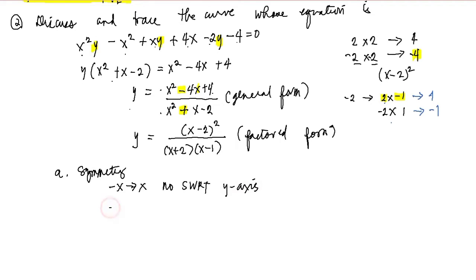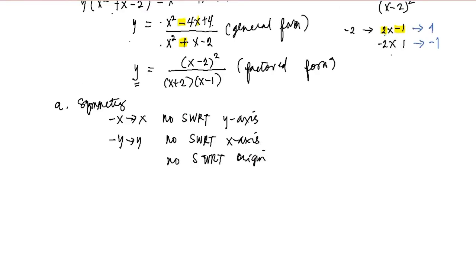And for negative y, if we are going to substitute negative y to the y, ang mangyayari, magiging negative naman itong y. So we can say that there is no symmetry with respect to the x-axis. So since there is no symmetry with respect to the x and the y-axis, then there is no symmetry also with respect to the origin.